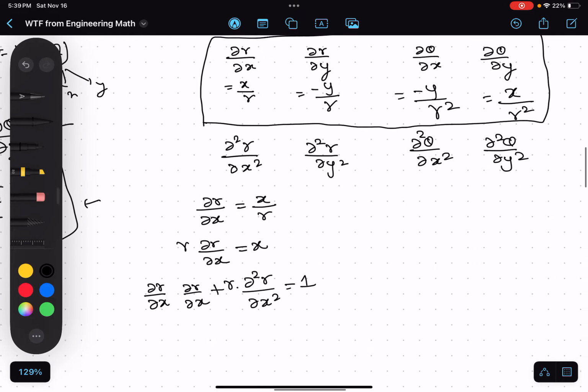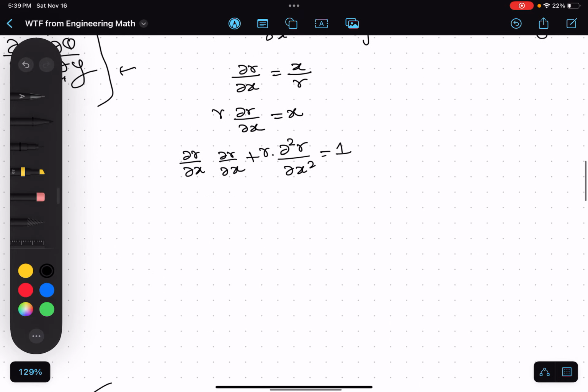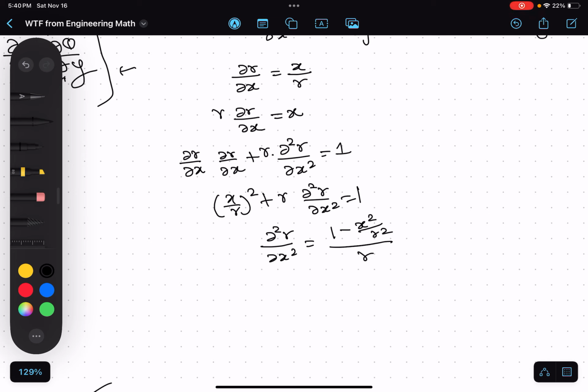Now we know partial r by partial x is x by r, so this is just x by r square plus r times partial square r by partial x square is equal to 1. So partial square r by partial x square is equal to 1 minus x square by r square, divided by r. So this is partial square r by partial x square is r square minus x square by r cube, right?